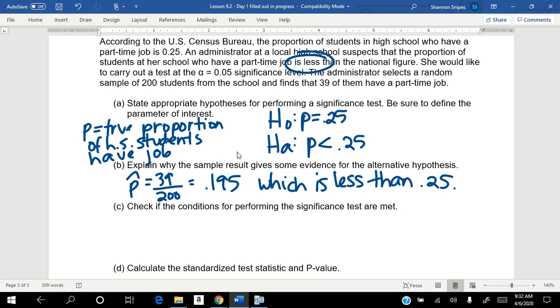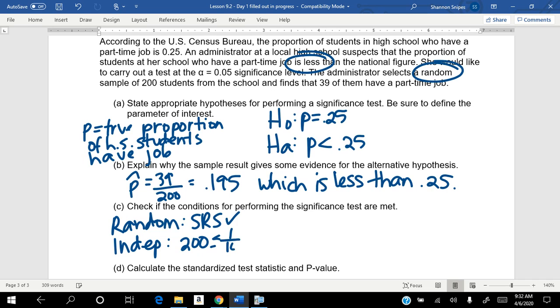So let's check the conditions. Random: when you're checking your conditions, please name your conditions and then put your check mark. It says that we have a random sample, so a simple random sample was stated. And then we check our independence. A sample of 200 students should be less than or equal to 1/10 of all the high school students at that school.